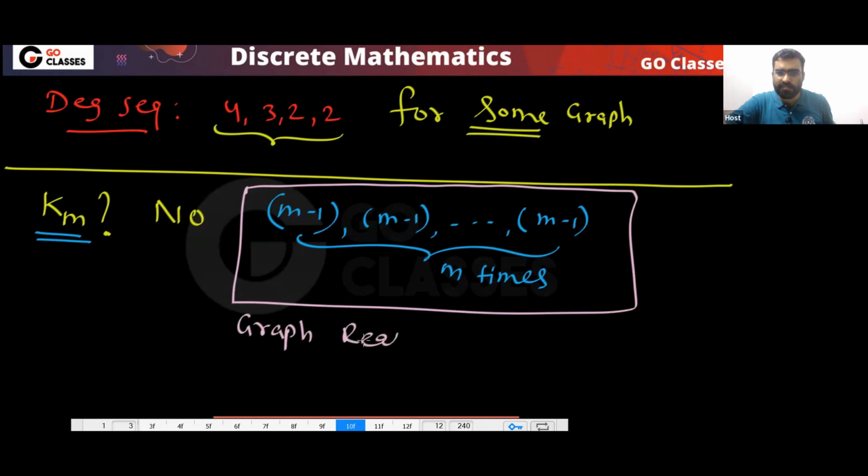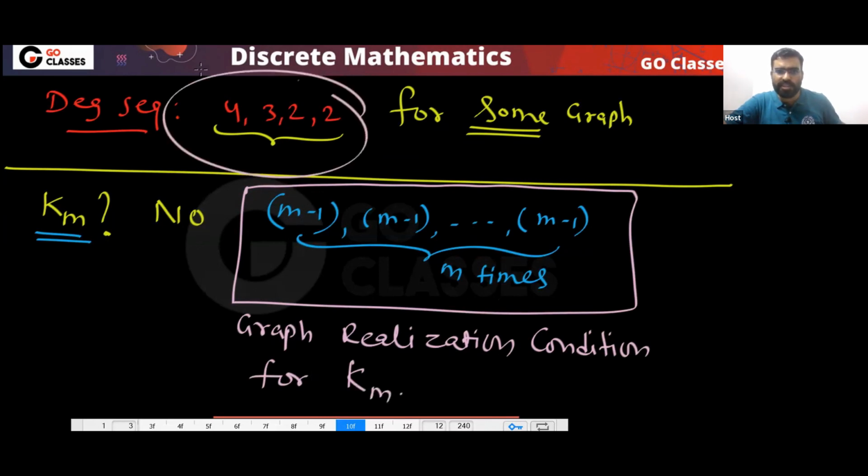Graph realization means, if your degree sequence is m minus 1, m minus 1, m minus 1, m times, then you can realize a complete graph. So this is the graph realization condition for a complete graph. Is this clear?